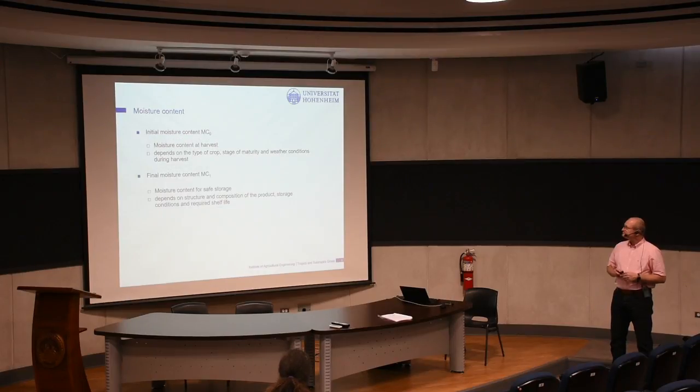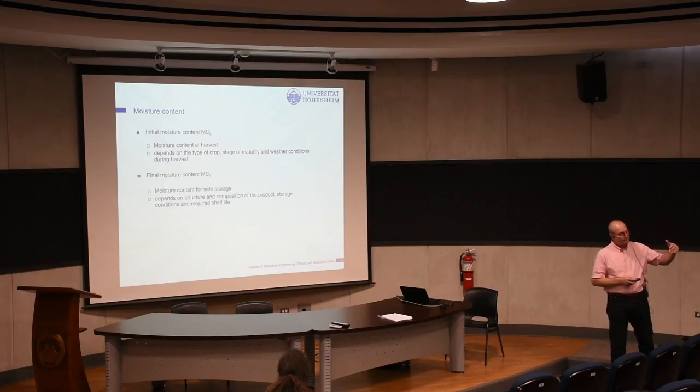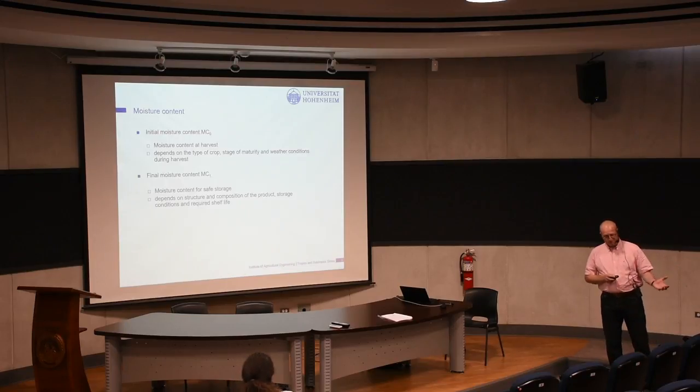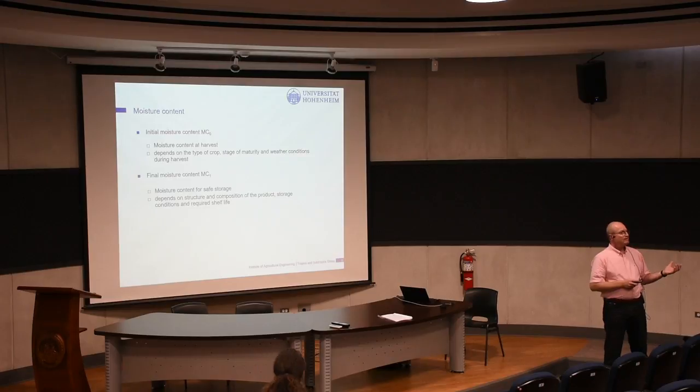Okay. So we have the initial moisture content of the product. This depends, of course, on the plant itself and the maturity stage. So grains are drying in the field. That's the sense of nature, that grains are self-conserving. They are drying down, to be prepared for the next season to germinate again.